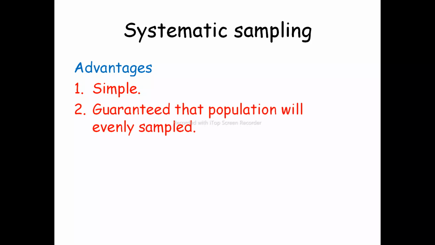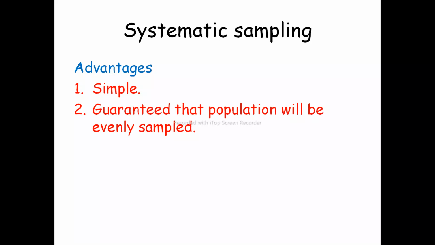Next, we'll check out the advantages. It is a simple method, purely simple. You just need to put the sample value and population value in the equation, and whatever k value we got, we go on selecting that. That's it. It is guaranteed that the population will be evenly sampled.